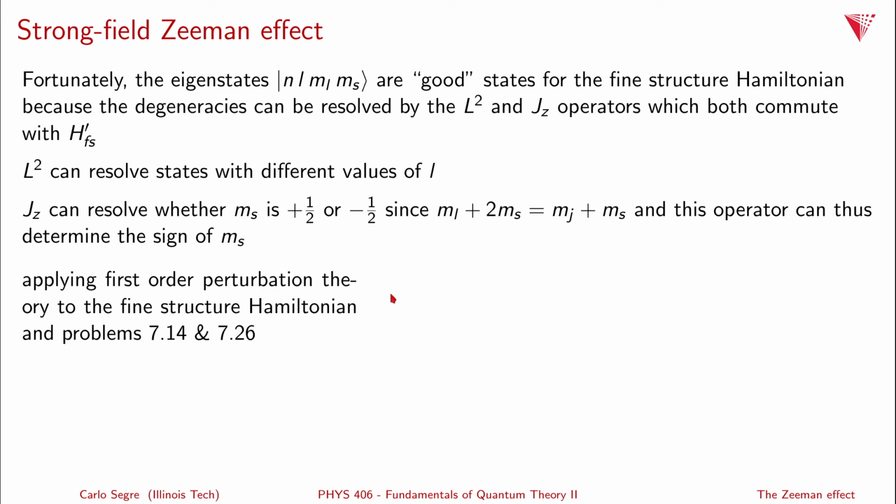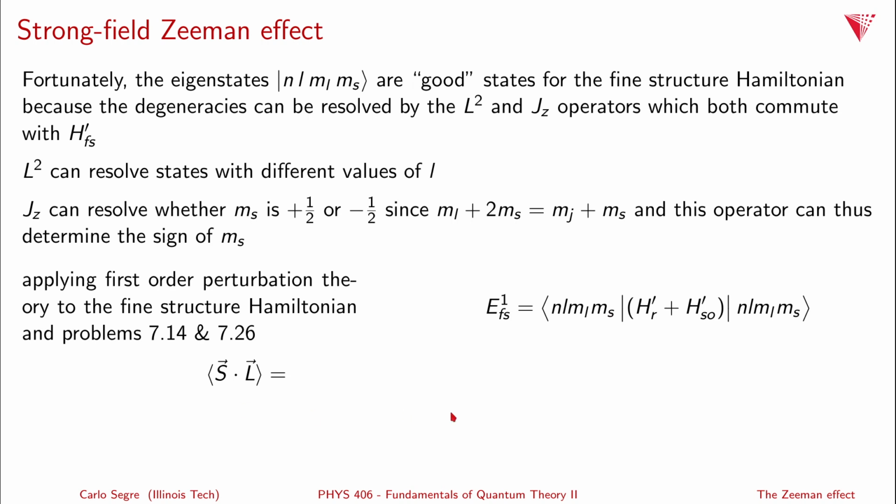So if we apply first order perturbation theory to the fine structure Hamiltonian, and this uses problems 7.14 and 7.26, you get E sub FS, the fine structure energy correction, is equal to the inner product of H sub R prime, which is the relativistic correction, plus H sub SO prime, with n, L, M sub L, M sub S on both sides.